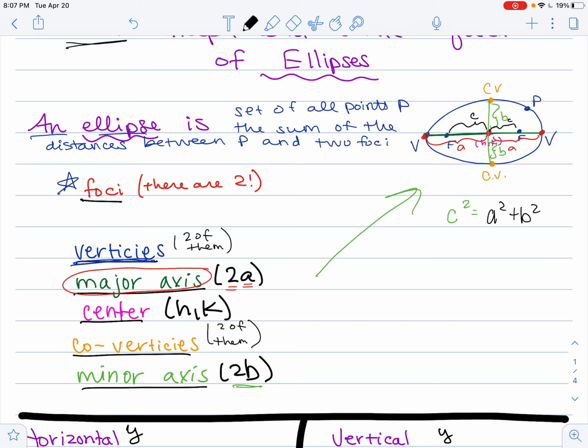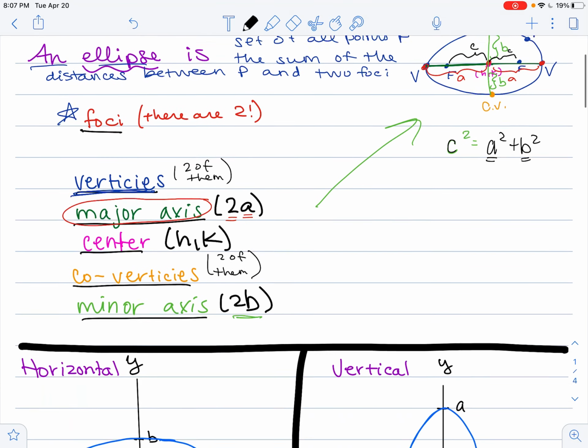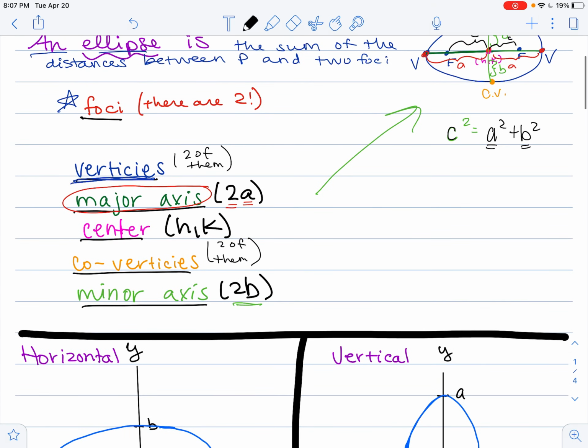So it's the measure of half of the major axis squared plus the measure of half of the minor axis squared equals the distance from the center to the foci squared. Okay? So I should say there are two foci, and they are the distance C from the center along the major axis.